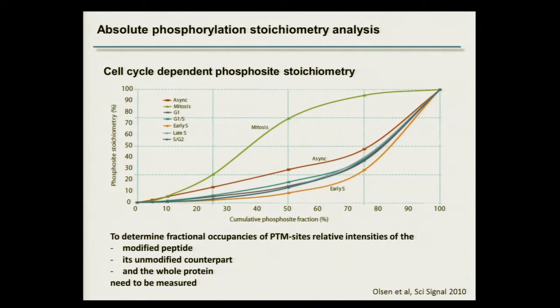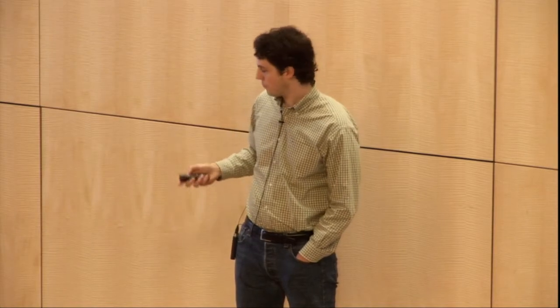You can do that with targeted methods, with synthetic peptides that are isotopically labeled, to directly quantify the relative amounts and calculate stoichiometries. But it is also possible now to do that with SILAC labeled samples, as has been shown by Jesper Olsen. In that approach, you use the different SILAC ratios to derive information about the relative occupancy in the different SILAC channels.